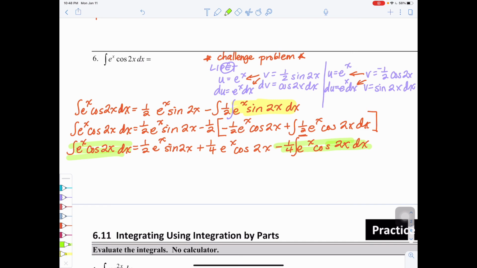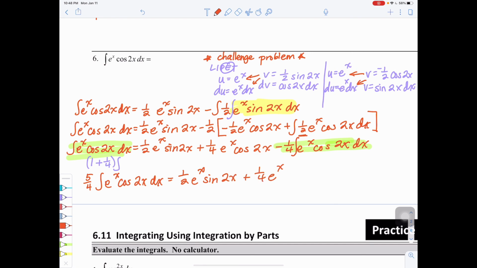So you can almost think about it over here is 1 plus 1/4 of those integrals. So we're going to have 5/4 times the integral of e to the x cosine 2x dx, and that's equal to 1/2 e to the x sine of 2x plus 1/4 e to the x cosine 2x.